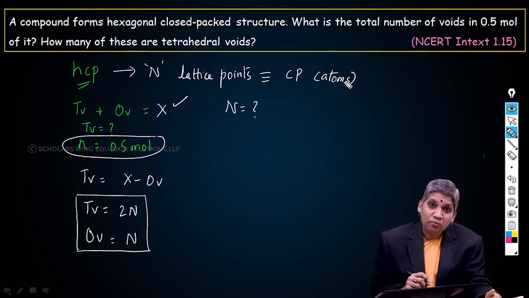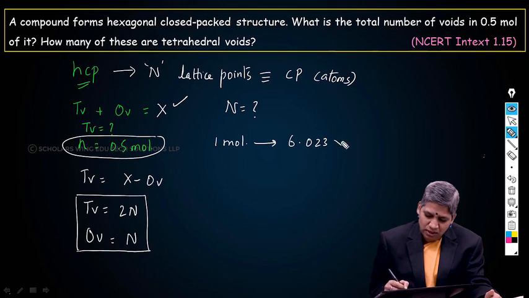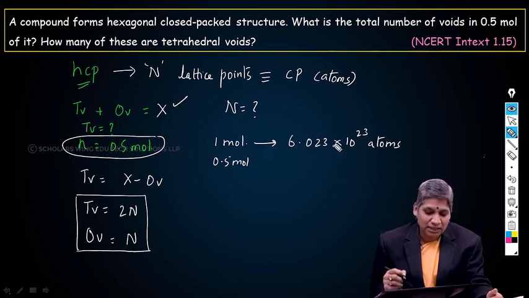Now, in 0.5 moles, how many atoms are there? Before that, in 1 mole, how many are there? As per definition, 1 mole contains Avogadro number. Let's take it as 6.023 into 10 power 23 atoms, right? But it's given as 0.5, in other words half of it, that means 6.023 into 10 power 23 by 2, or this entire thing into 0.5.